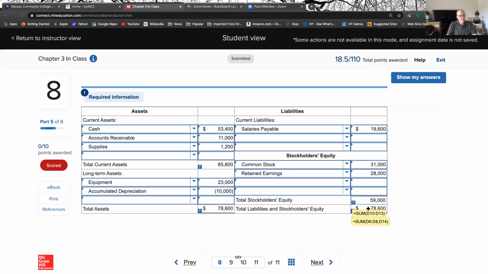So if I take 78,600 and subtract 19,600, that'll give you the total stockholders' equity of 59,000. Now, stockholders' equity is made up of common stock and retained earnings. So the total of these two has to come out to 59,000. If you know this one is 31, 59 minus 31 is 28, right? So you could figure it out that way too.